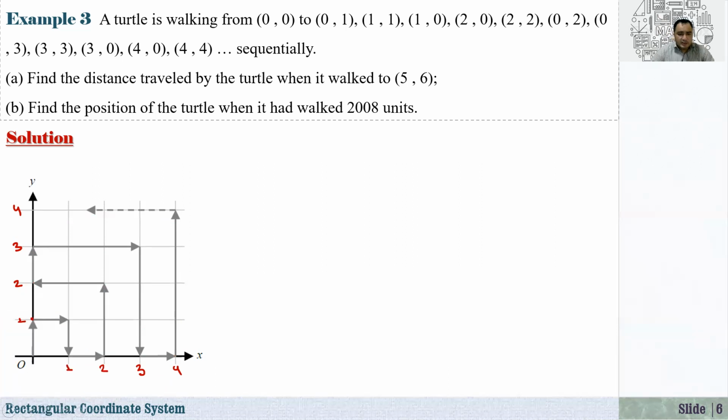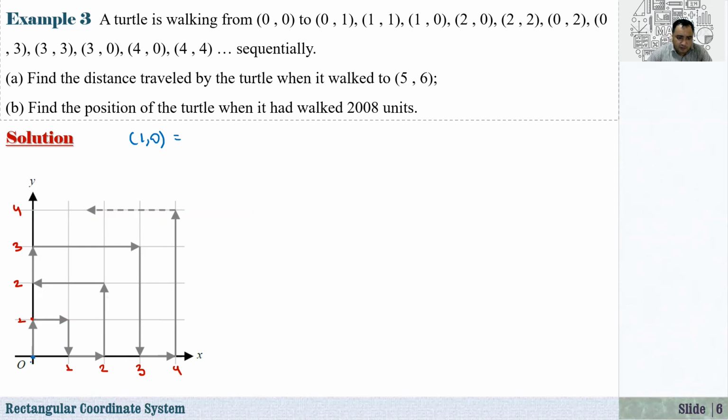What's going on here? For example, when the turtle walks and its position is at (1, 0), right? How many points does it go through here?